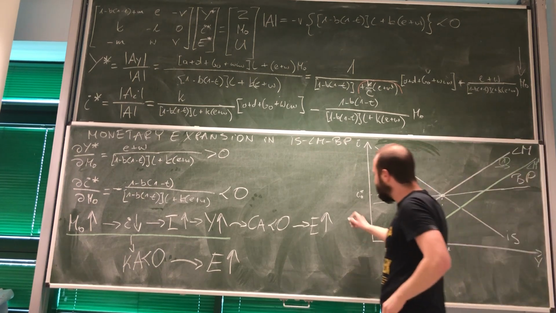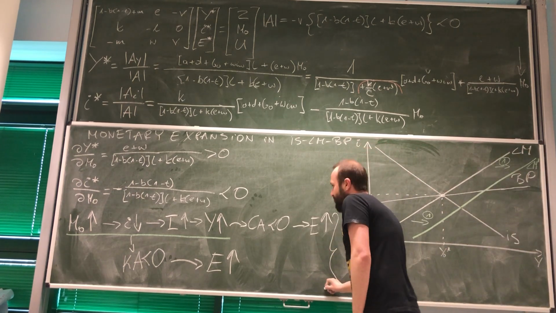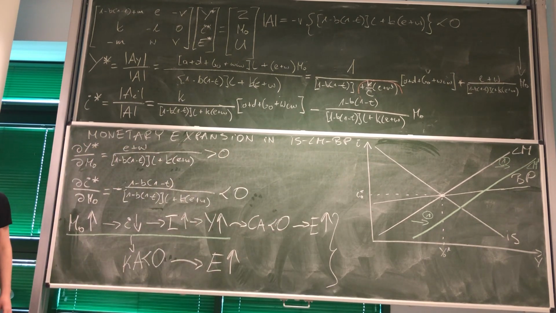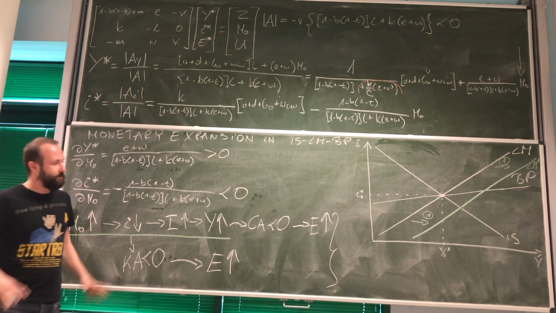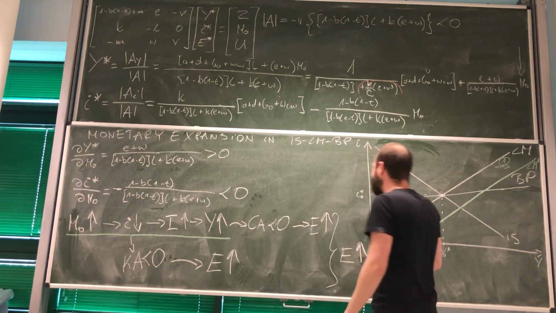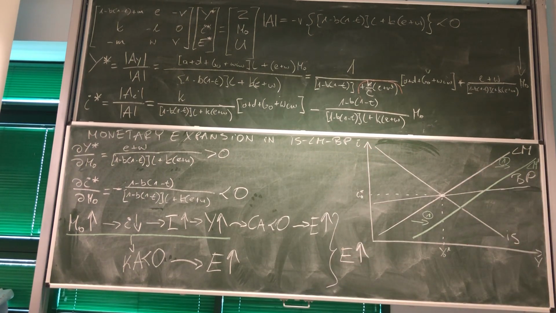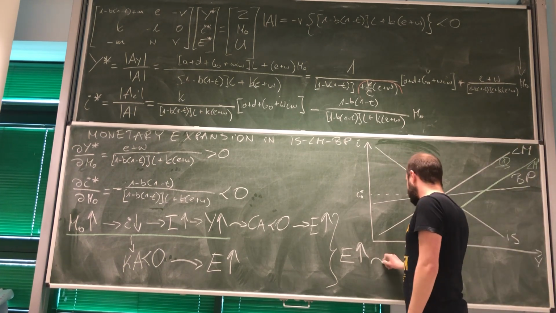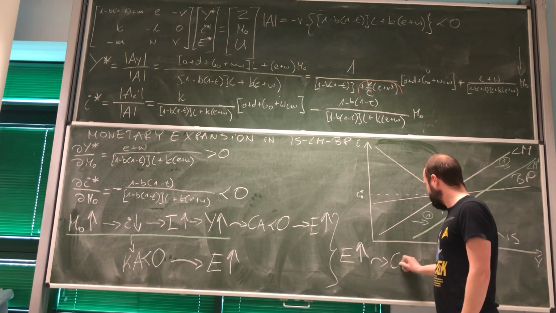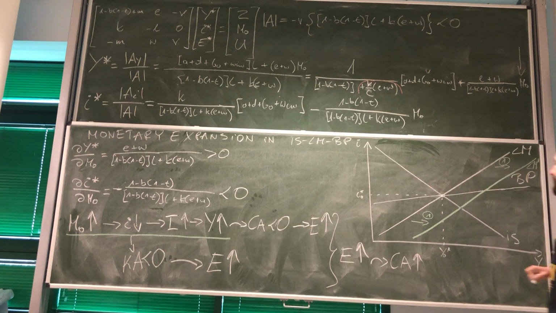And look, we clearly see that pressure from both the current account and the capital account is forcing our currency to depreciate. So our currency actually depreciates. What happens then? Well, if our currency depreciates, exports are going up, so the current account is improving.